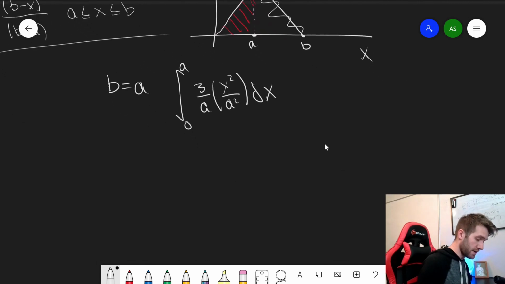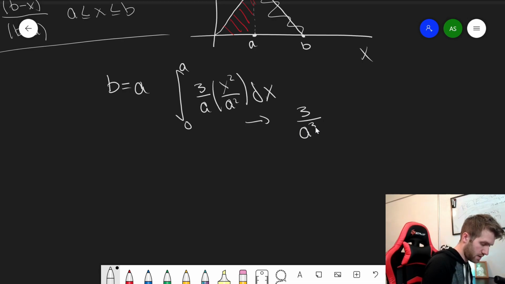After solving it, we have 3 over A cubed, from 0 to A, times x cubed over 3. If we plug in our limits, that just gives us A cubed over 3.